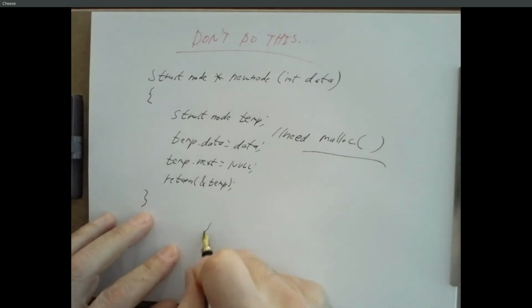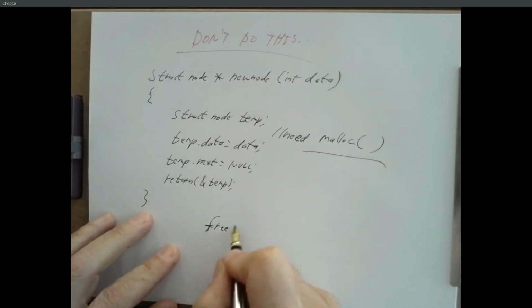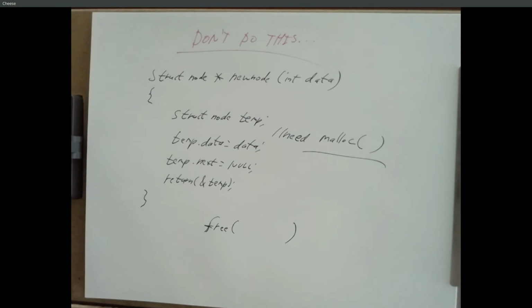All right, well, malloc is used to get memory from the system. The counterpart to that is free. And free is used to release memory that we've malloced. So if we want to create a node, we use malloc. It gives us the address of a block in memory. We do some stuff with that. We put values in it, whatever.